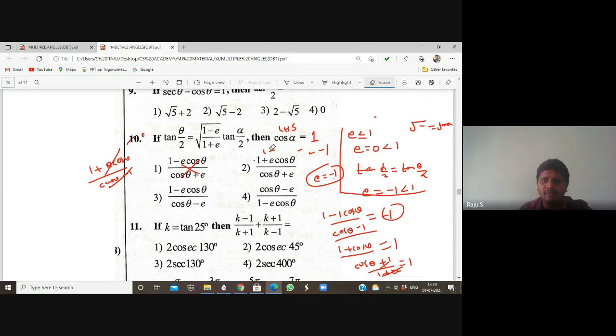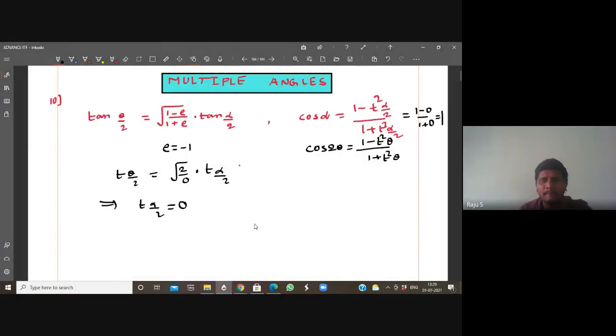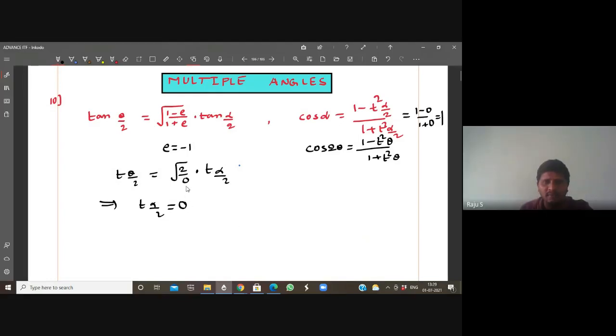Okay, sir. Doubt, sir. Can you go to the page in which you wrote, sir? Sir, root 2 by 0, how will it become 0, sir? No. See what I have done here. Root 2 by 0 is infinity actually. 2 by 0 is infinity, root infinity is infinity.